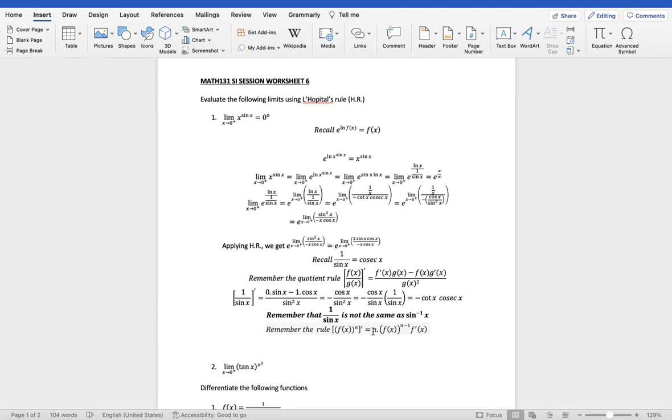And this applies for any function f of x, trigonometric function, polynomial, any function that is to some exponent n, and n can be any number. So if you substitute, for example, x to the 5 into this, our f of x is x, so 5 comes back here, multiplied by x to the 5 minus 1, which is 4.